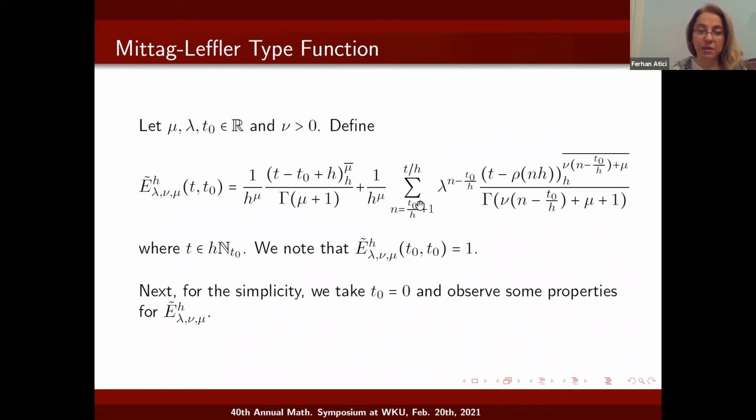So you start the series at 1, and the upper bound is going to be infinite when h gets smaller and approaches 0. The good thing about this series is that the Mittag-Leffler function has some convergence issues, but for our Mittag-Leffler type function we don't have such an issue, because as long as h doesn't get close to 0, this is a finite sum, as you see.